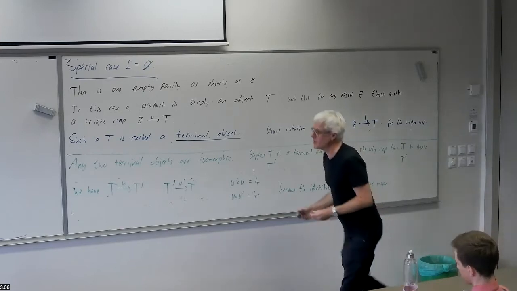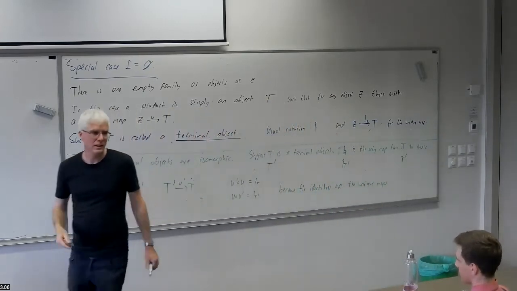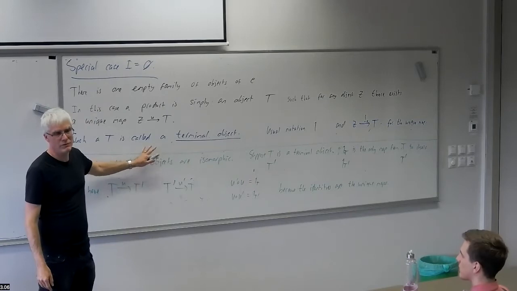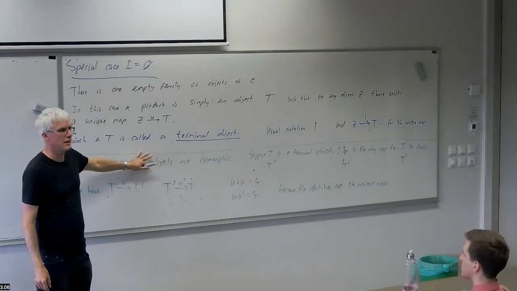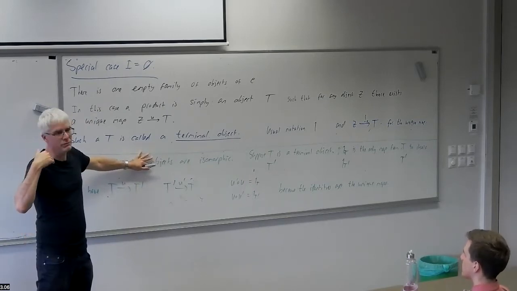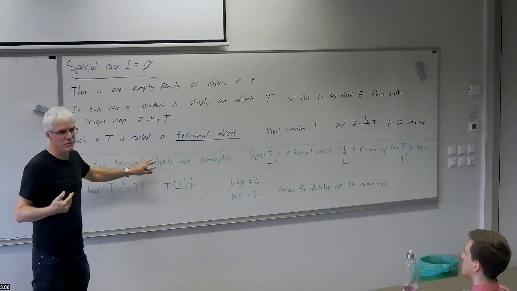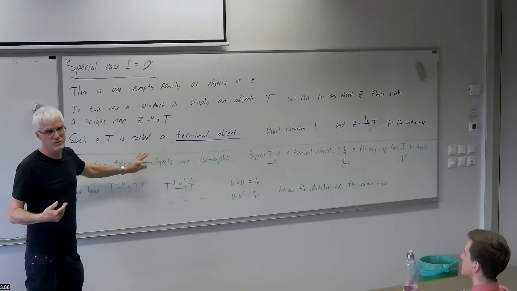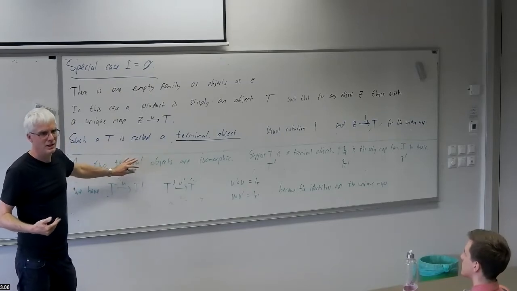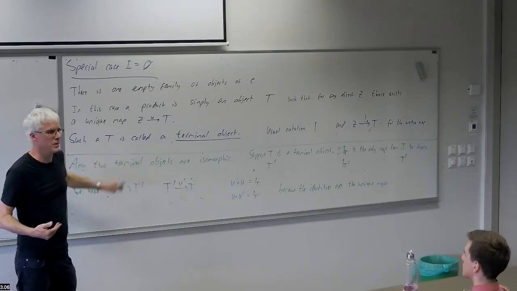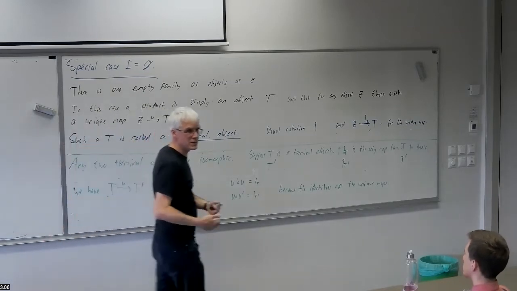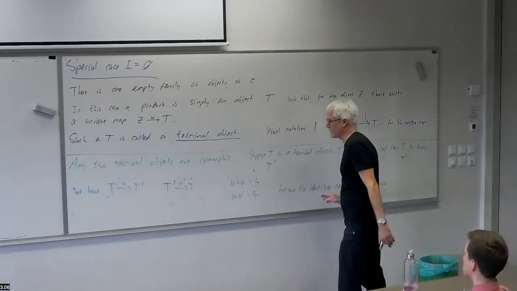So it's a very, very simple argument, but actually this argument for terminal objects, from the right perspective, which we won't come to today, is the reason that arbitrary limits are isomorphic to each other, because they're all defined as terminal objects in a suitable category, and they're isomorphic because terminal objects are isomorphic.